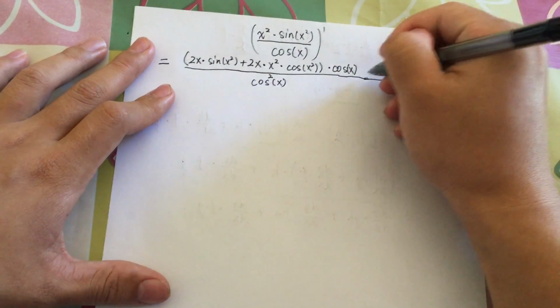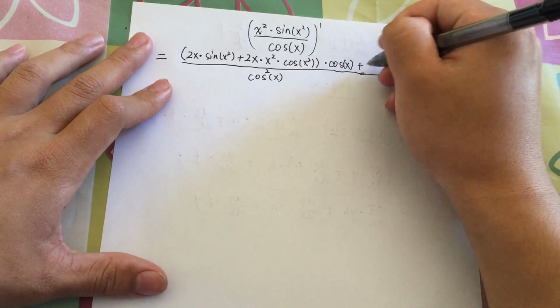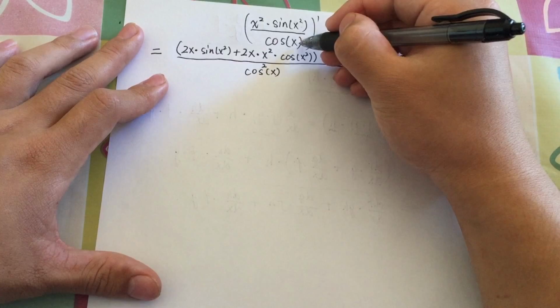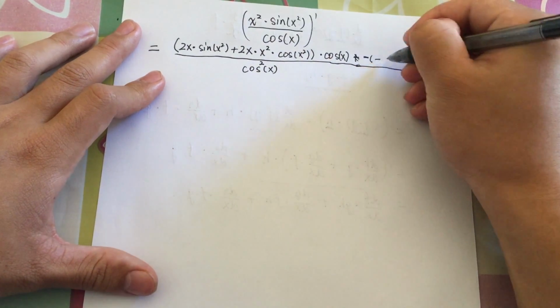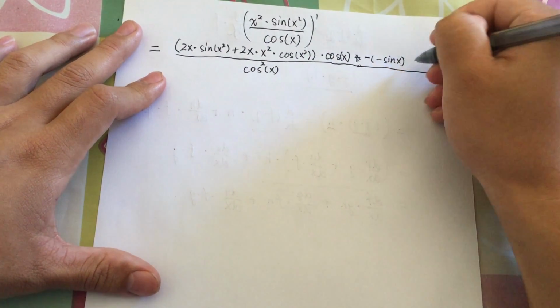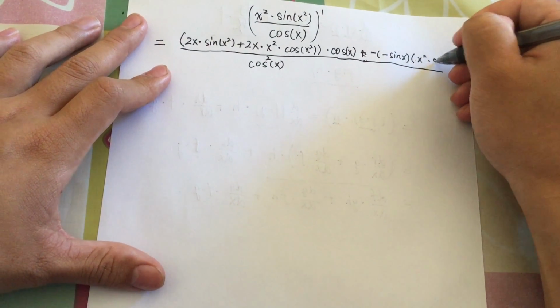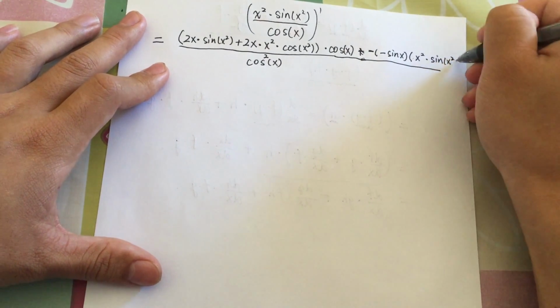and then we subtract the derivative of the denominator, which is negative sine x, times the numerator, which is x squared times sine x squared.